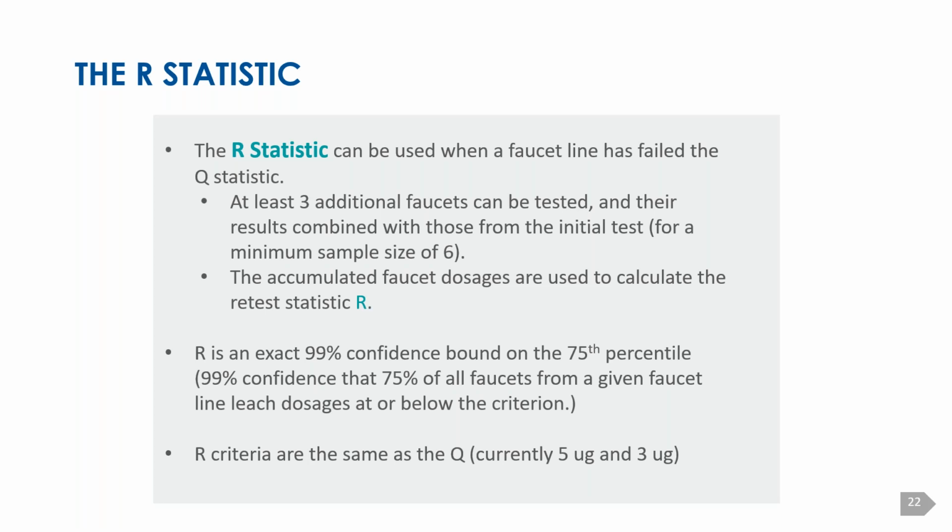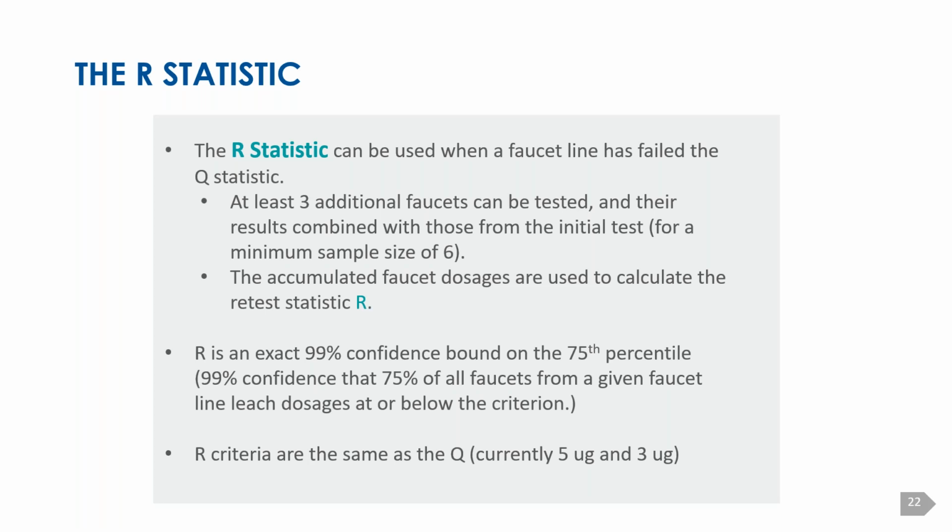The standard gives a provision for at least 3 additional faucets to then be tested and have those results combined with the results from the initial test, giving a minimum sample size of at least 6. Those accumulated faucet dosages are then used to calculate the retest statistic R.